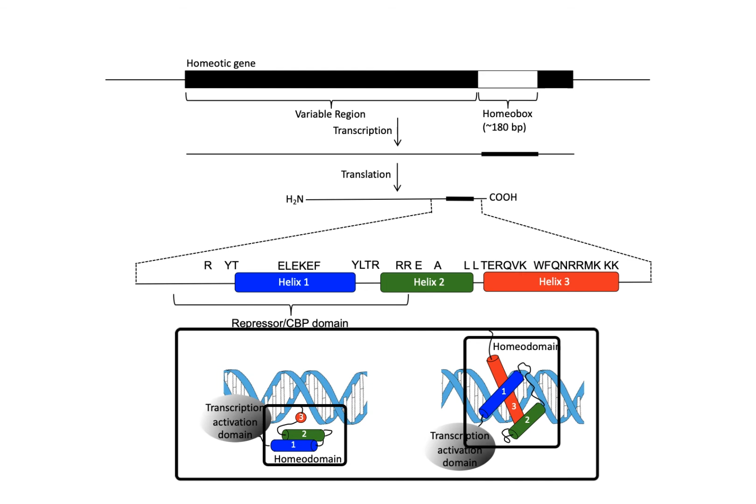And these other two, helix 1 and helix 2, act as transcription factors to help bind the RNA polymerase to the DNA for transcription.